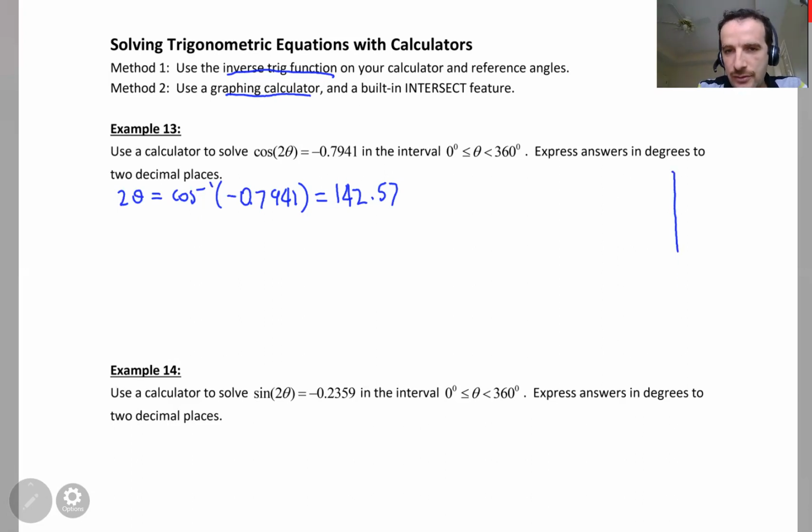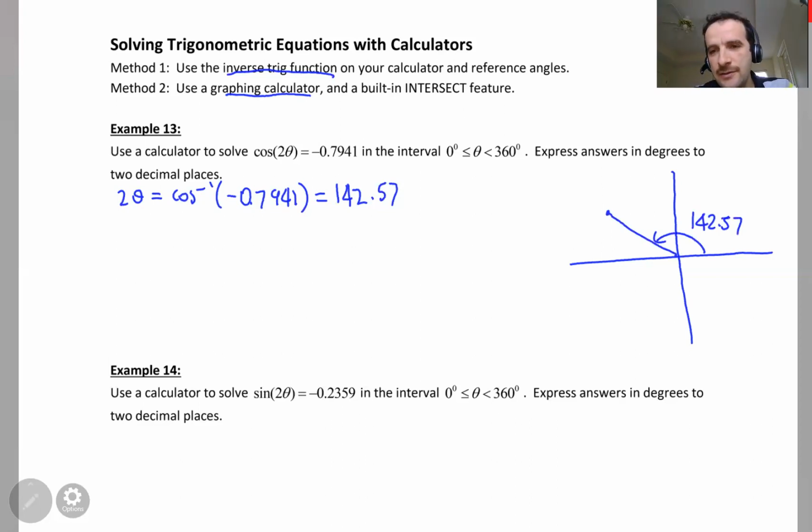Now 2 theta is here, and that angle is 142.57. And we know that there is another angle that gives the same cosine value.